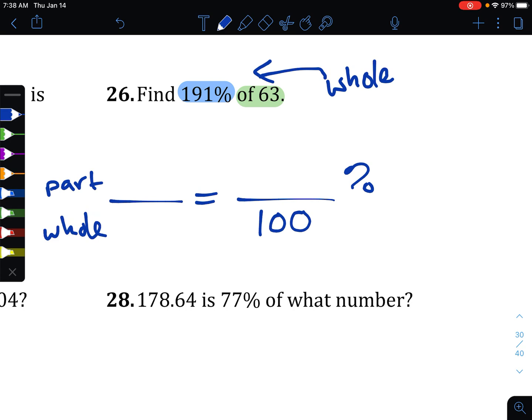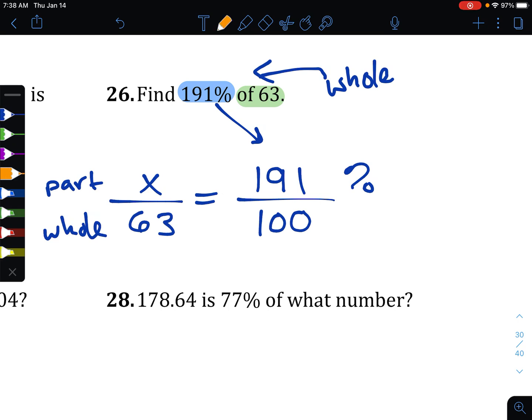You could do it in different ways, but this is the way I always go with, that always works for me. Part over whole equals percent out of 100. The percent I usually put in first because that's the easiest one to see, 191%. That has to go there. And the whole is the 63, and we don't know the part. So we're going to call that x or any variable. It doesn't matter what variable you use. It just needs to be a variable as a placeholder.